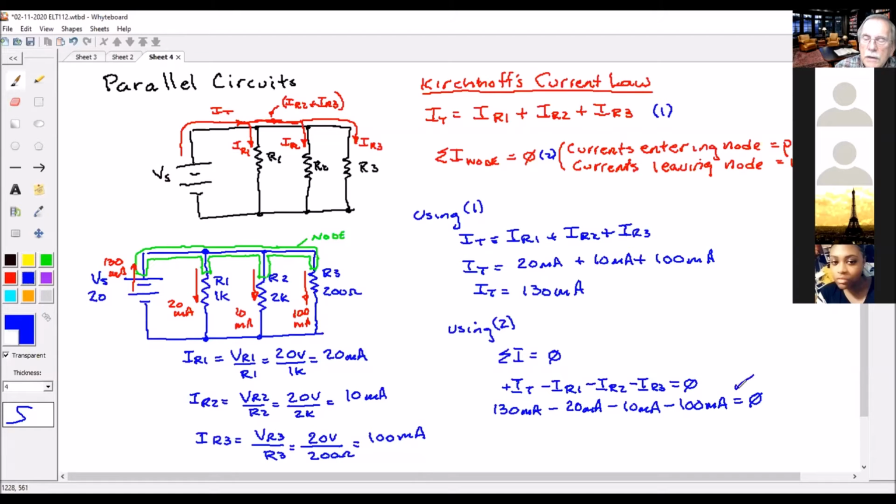And indeed, it does check, because these three add up to 130, and we said we had 130 going in. Does everybody get the idea and see why I made the IT a positive value and all of the other resistor currents a negative value? Any questions on that?